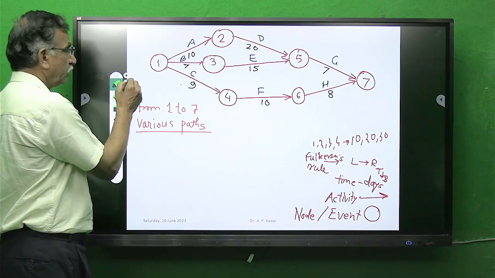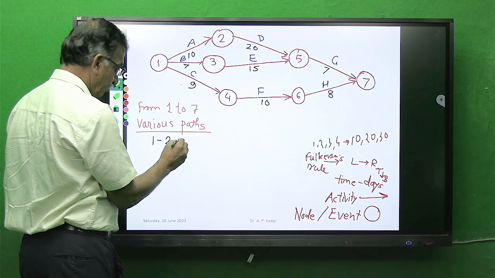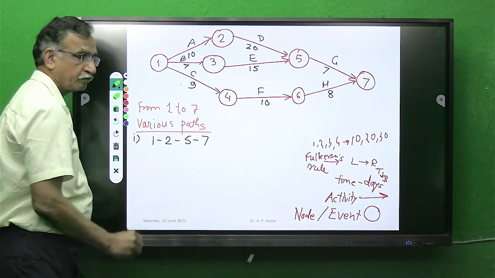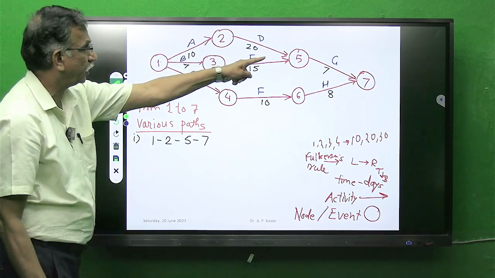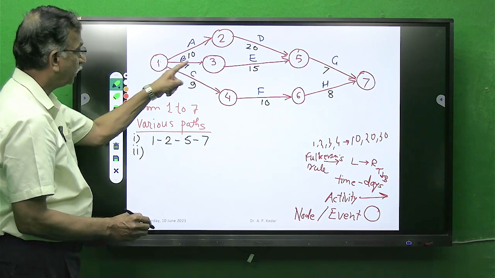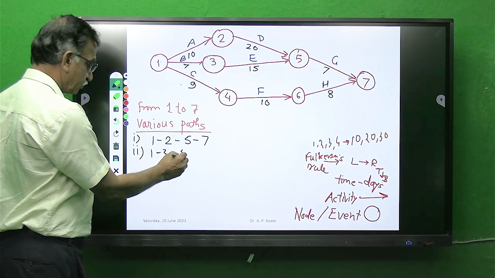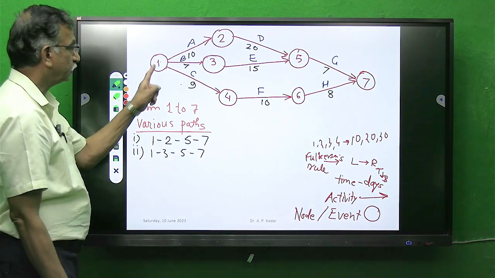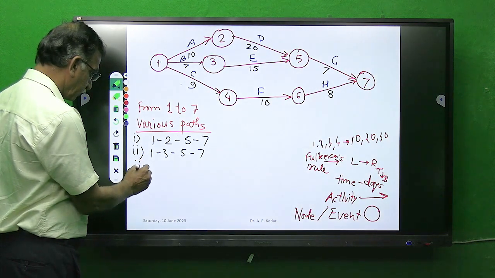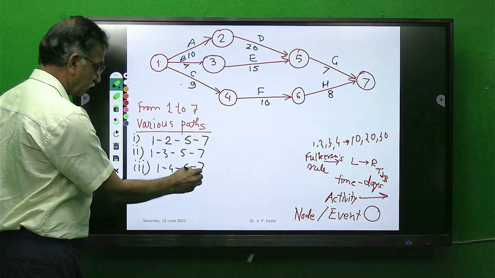The paths are 1 2 5 7. 1 2 5 7 is one path, correct? Second path is 1 3 5 7. And third path is 1 4 6 7.